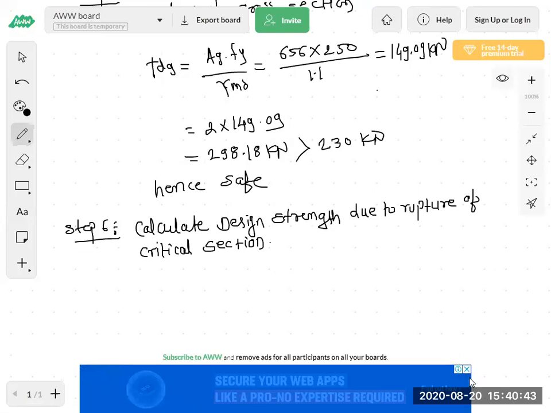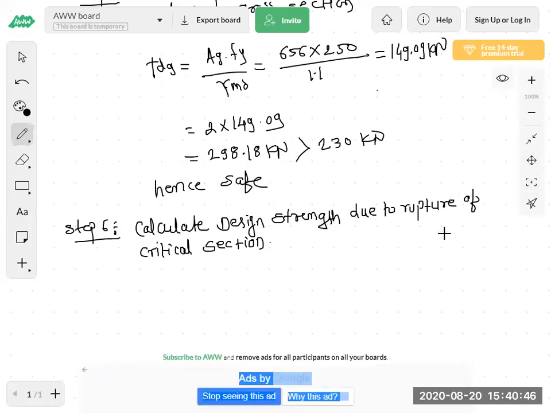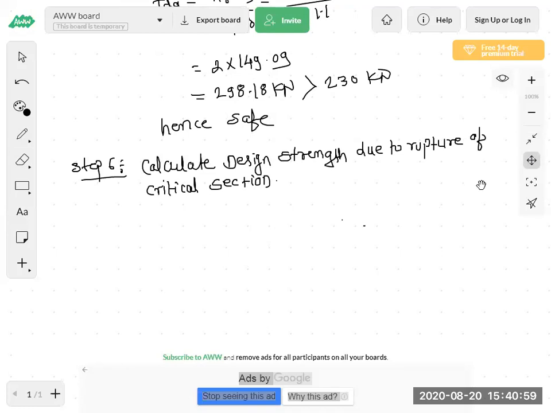The connection is welded. Now, as per the design procedure, which formula do we have to use? As I have told you, beta. Please everyone, here we have to use the beta formula, because if the connection is welded, we have to use the beta formula only for the Tdn. Tdn is the design strength due to rupture of critical section.